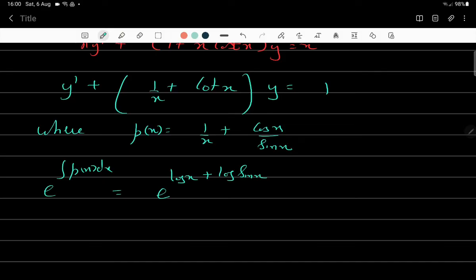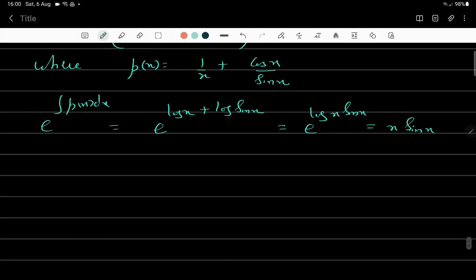To integrate cos x by sin x, take sin x is equal to t, that gives you cos x dx is equal to dt, and integration of 1 by t dt is log t. So this becomes e raised to the power log x sin x, which is x sin x. Now it's straightforward.